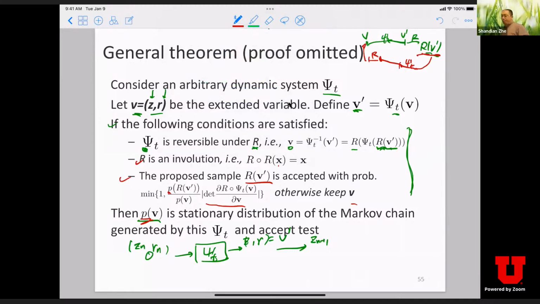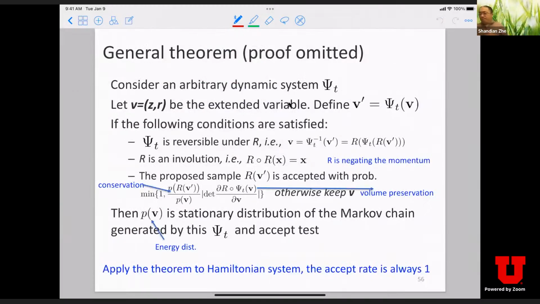So this gives you a general framework: for any dynamic system, how do you construct a Markov chain, and what kind of rules can guarantee convergence to your target posterior. Now let's apply this to the Hamiltonian system we constructed. R is just negating the momentum.